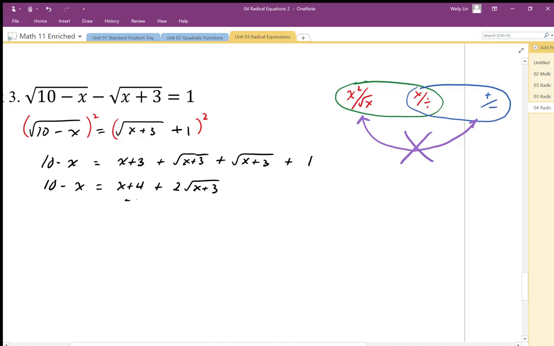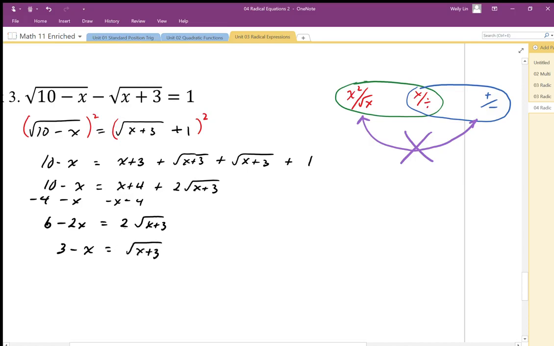This becomes 6 minus 2x is equal to 2 square root of x plus 3. I can square, because remember that times and square roots are okay together, but I'm just going to simplify this by dividing everything by 2. That way I don't have to worry about that times 2 here.